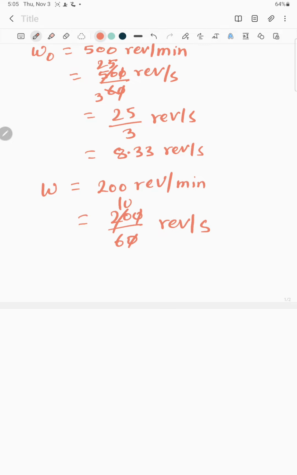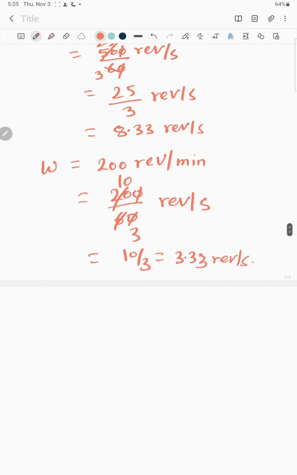So this is 10 divided by 3, which is 3.33 revolutions per second. So these are the final and the initial angular velocities. We have these two quantities.